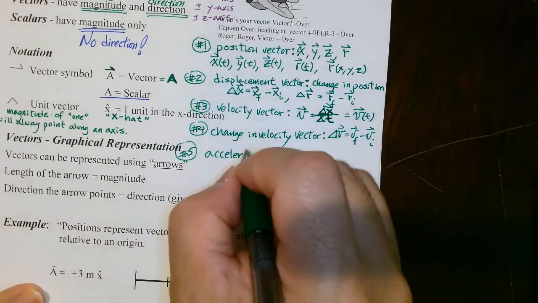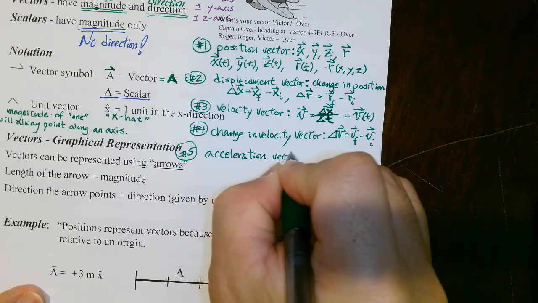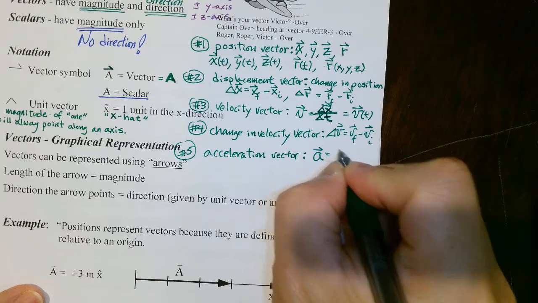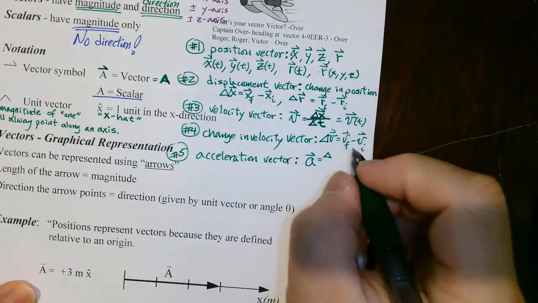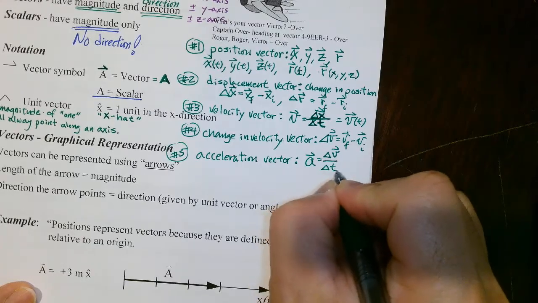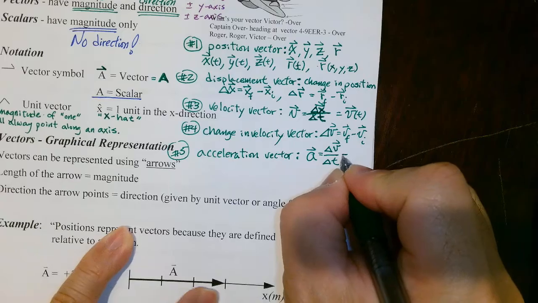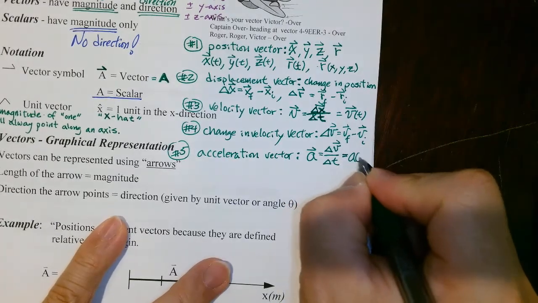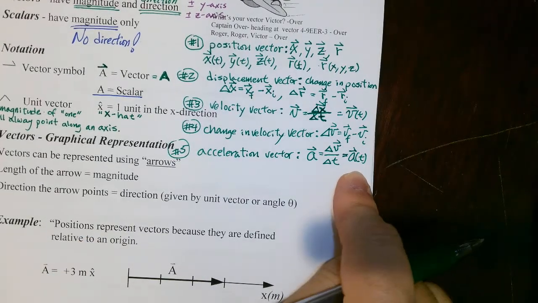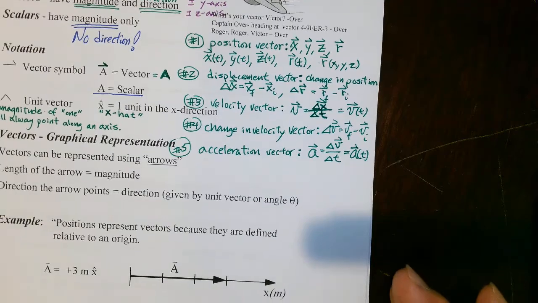Now for the acceleration vector, is a, and that is the change in velocity over change in time. And that can also be as a function of time as well. And as we all know, acceleration vector is the derivative of that velocity vector, right, function.